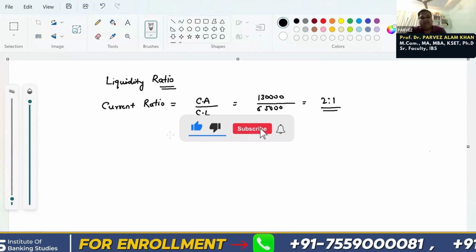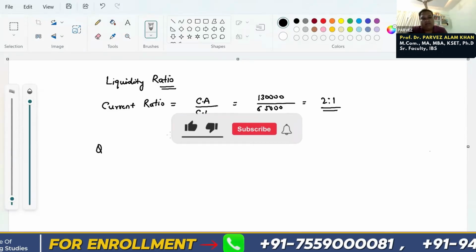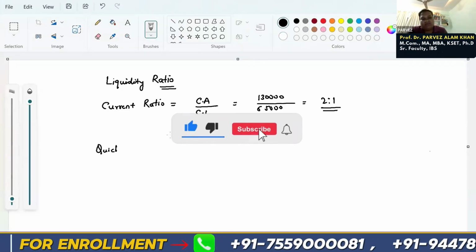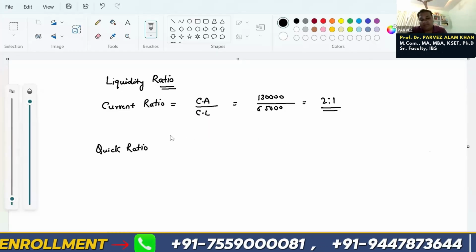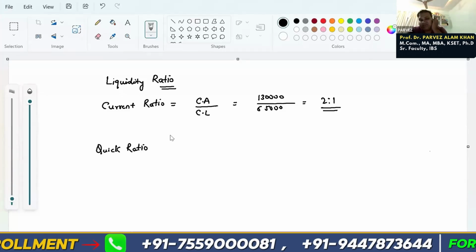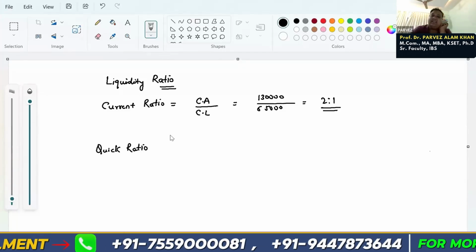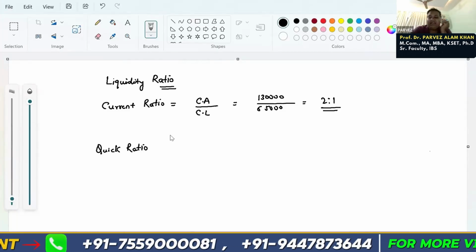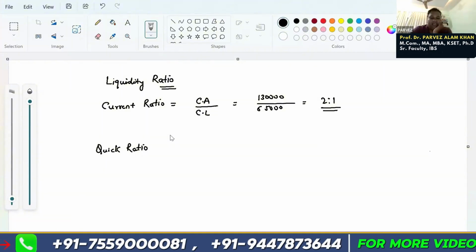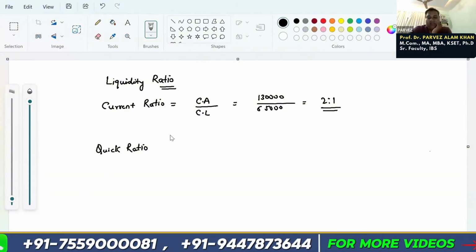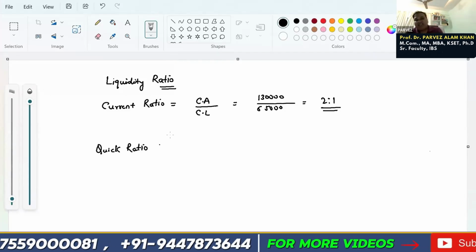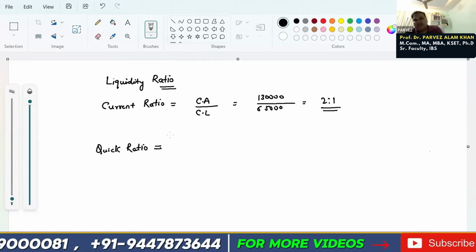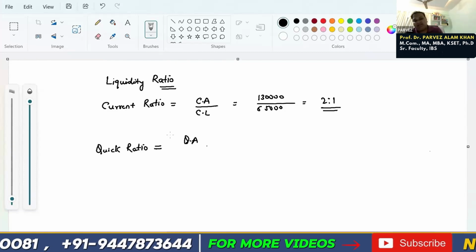Okay. Next, you will see that one more ratio they have asked, called quick ratio. Means better than current asset, which we can easily or quickly convert into cash. When you are calculating quick ratio, we have a formula: quick asset divided by quick liabilities.